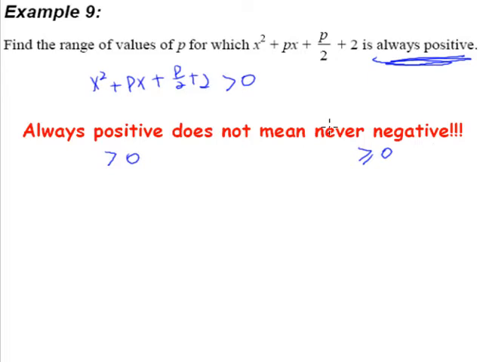Never negative includes 0 while always positive does not include 0. Now the reverse is true for always negative and never positive. It's the same kind of concept, same kind of thinking.